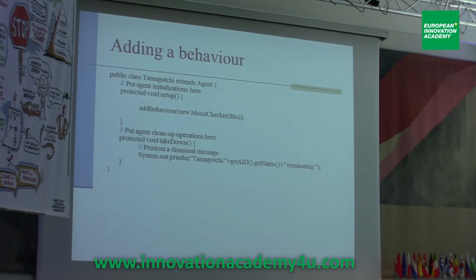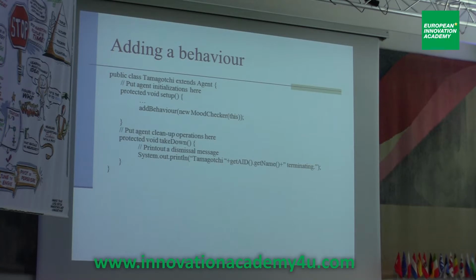One way to do it is to have a cyclic behavior like this one, mood checker, that works in a loop, and that behavior checks the mood of a Tamagotchi.